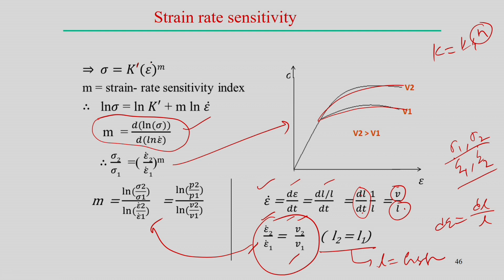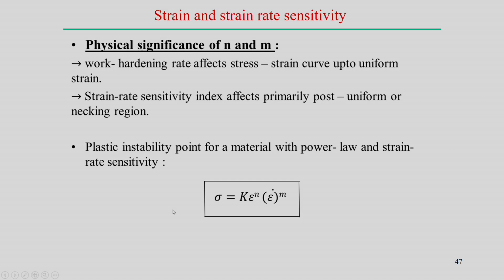So this way, through a simple experiment, we can find the value of m, and then we use this m value in a particular stress model when there is an effect of the strain rate in a particular situation. Now of course, we have used two different coefficients: one is n, the work hardening or strain hardening coefficient, and another is m, the strain rate sensitivity index, and of course the physical interpretations of n and m are different.